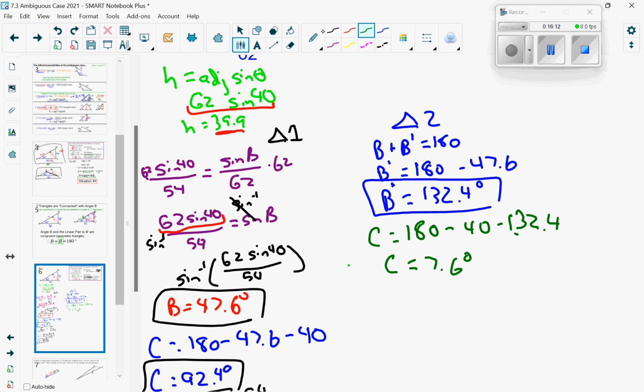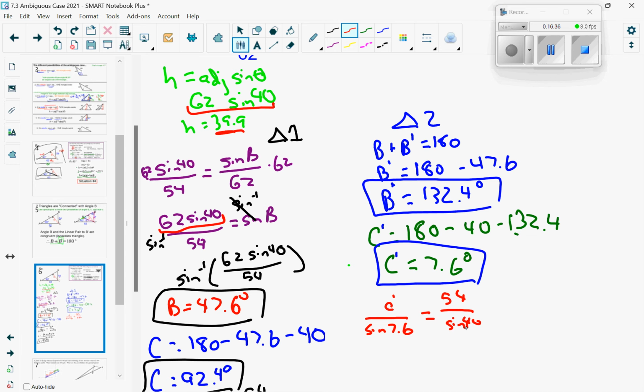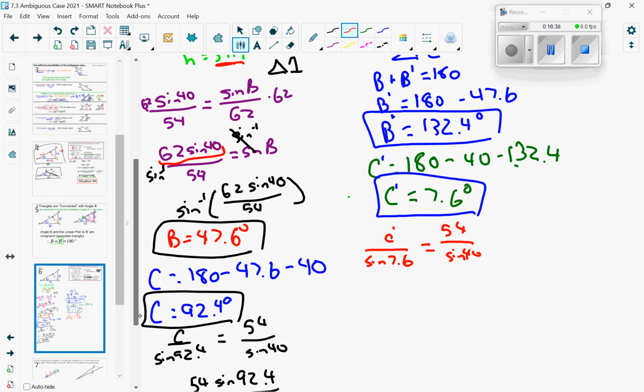And then little c would be the same process. I'm sorry, I should put primes on this. And then little c prime over sine 7.6 equals 54 over sine 40, because a doesn't change at all. So a was given, so I would keep that information.